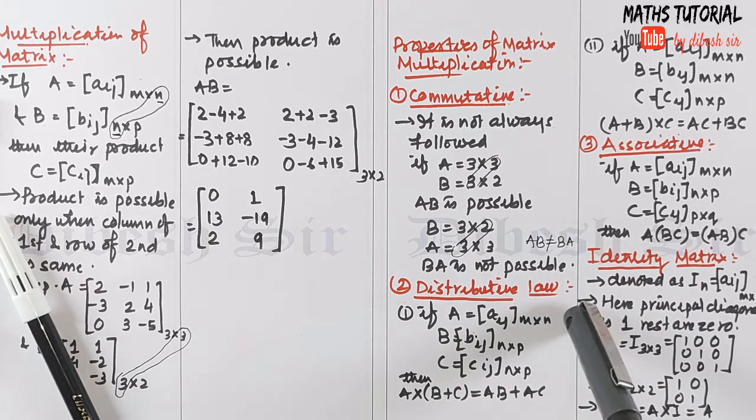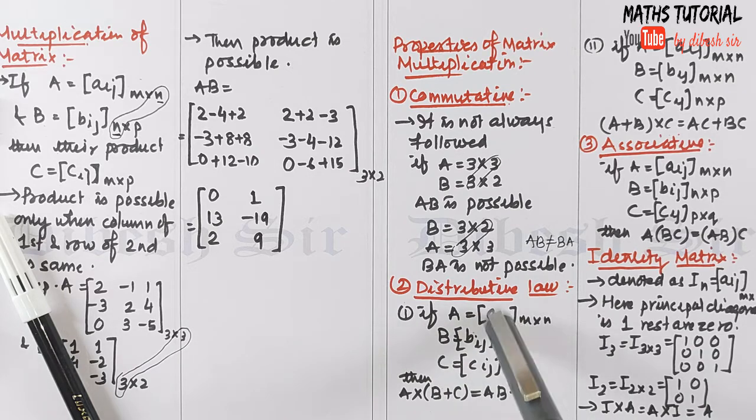Next, distributive law. If A is equal to Aij m cross n, B is equal to Bij n cross p, C is equal to Cij n cross p, then A times (B plus C) is equal to AB plus AC.